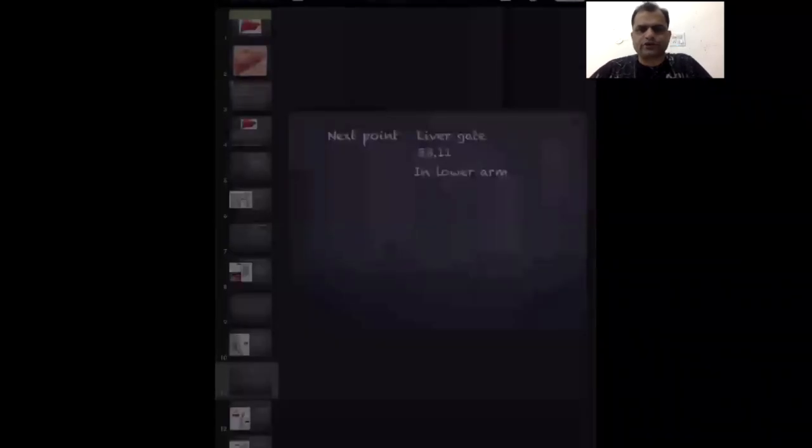And liver gate points are available in the lower arm. So if you see my arm, this is the lower arm. Now I am talking about this area. This is the wrist crease.